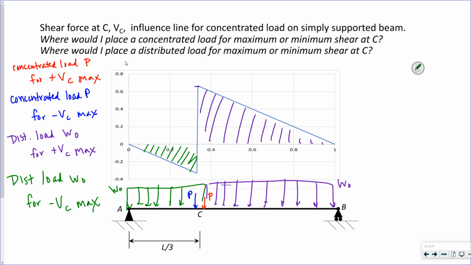So that's how you can use influence lines to determine distributed loads.